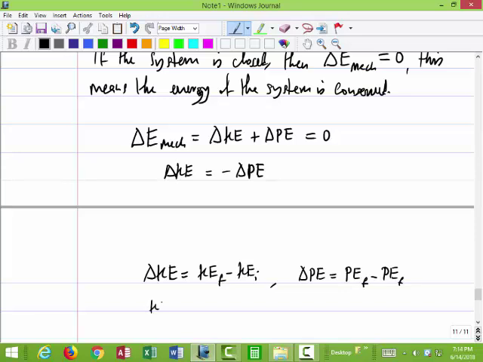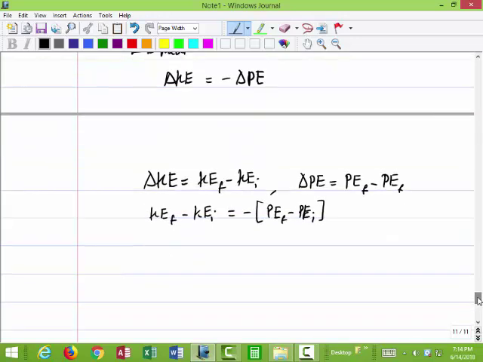Therefore, if we write KE final minus KE initial equal to negative PE final minus PE initial, then we will have kinetic energy final plus potential energy final equal to potential energy initial plus kinetic energy initial.